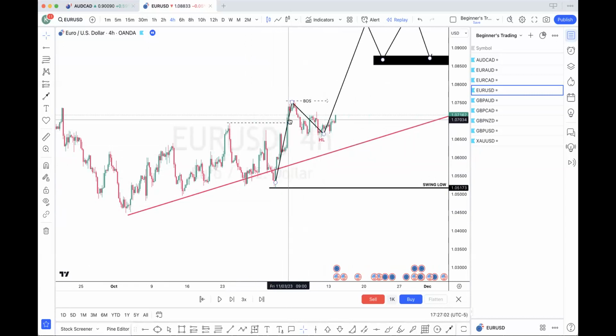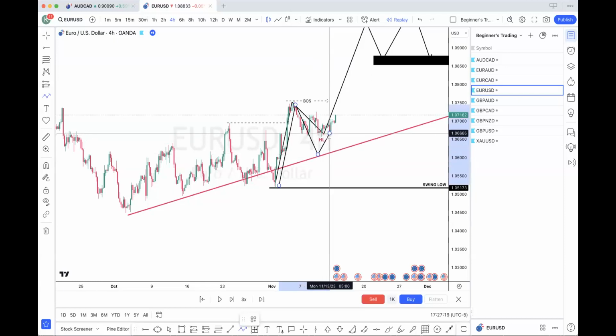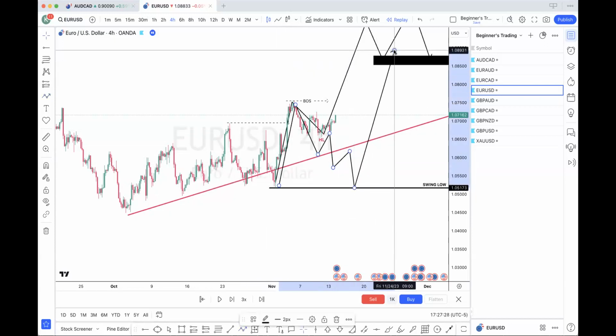So once this breaks, right, price can come all the way back down here. Price can break this low, price can break this low, and then come back and push to the top side. So if price came and broke this low, pulled back, broke this low, pulled back, price can then come here because this is the swing low and then push all the way to the top.